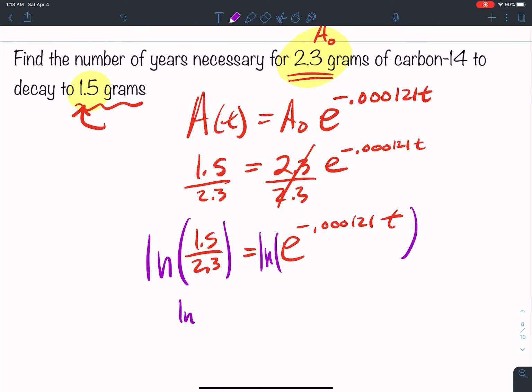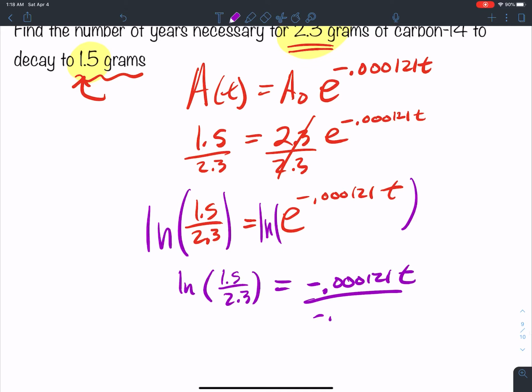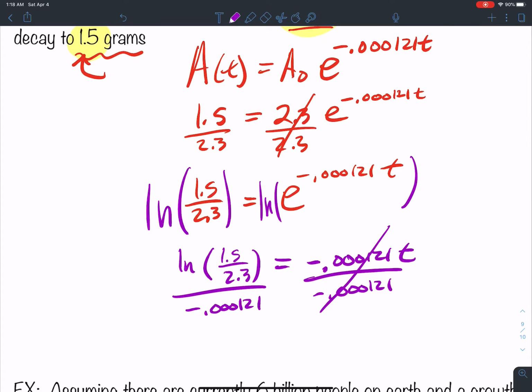And so I have ln of 1.5 over 2.3 equals negative 0.000121 t. Divide by 0.000121. And what do I get? I get my solution. When I type this in my calculator, ooh, that's an ugly approximate equal.